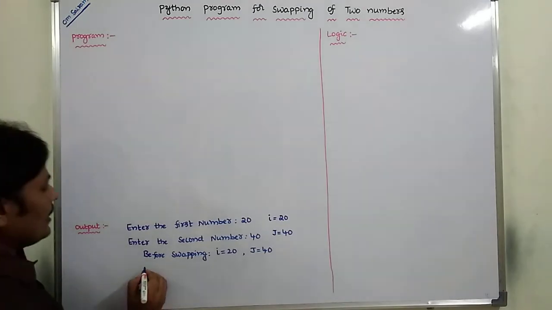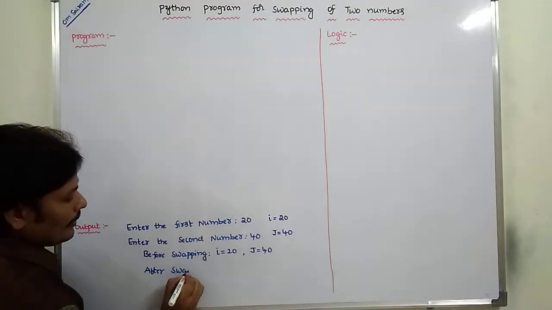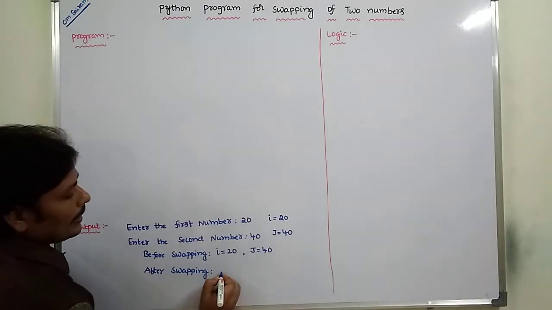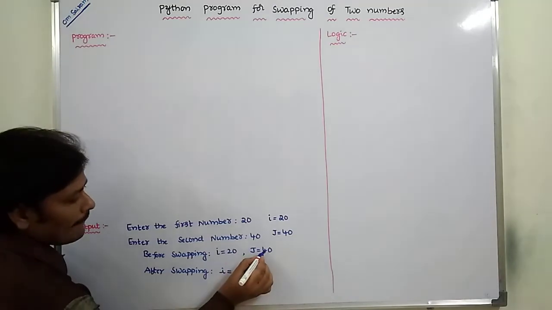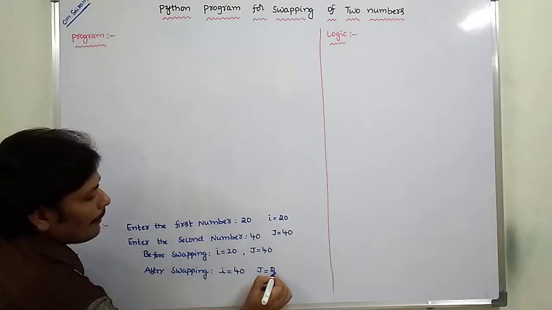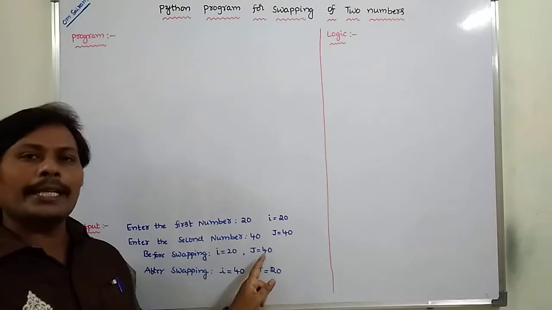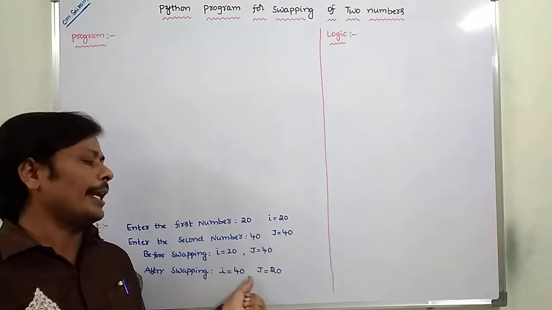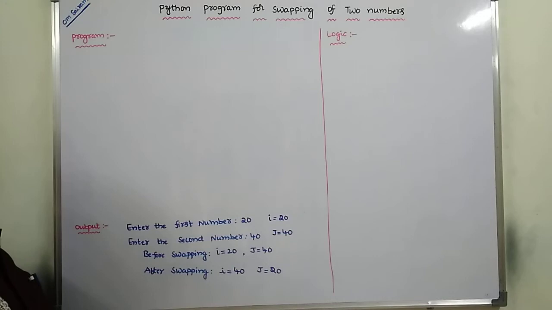Then after swapping, J value is assigned to I and I value is assigned to J. So before swapping, I is equal to 20, J is equal to 40. After swapping, I value is 40 and J value is 20. So this is the given output.